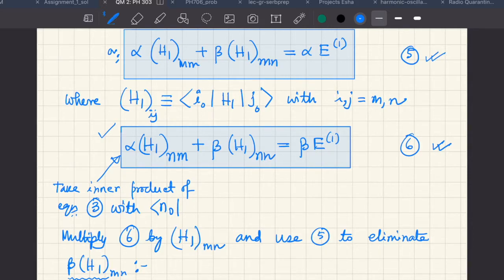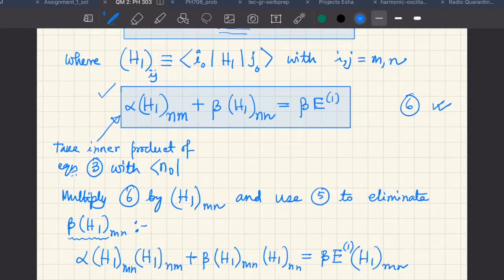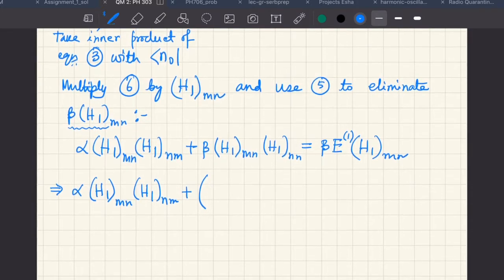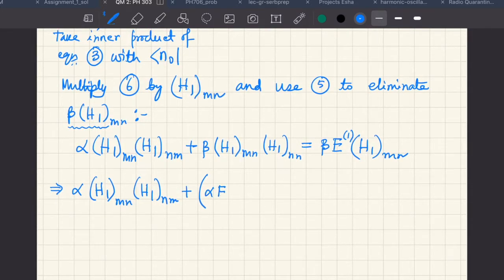So beta H1 mn from equation number 5 is nothing but alpha E1 minus alpha H1 mm. So we write this as alpha E1 minus alpha H1 mm times H1 nn.